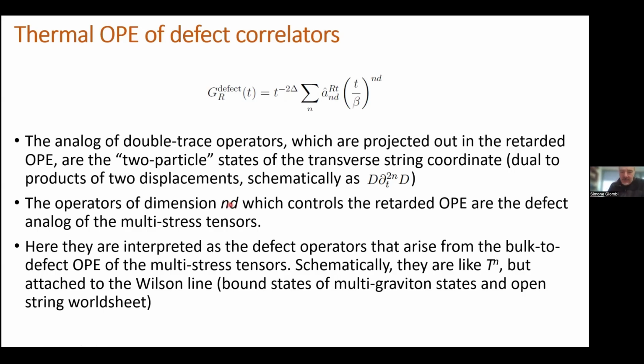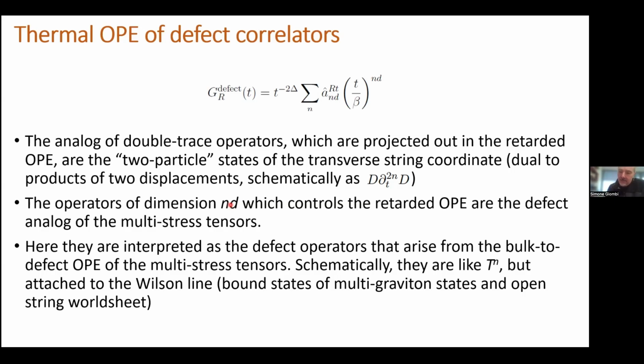What is their interpretation in this context? Well, our interpretation is that these are basically just the defect analog of multi-stress tensors. They're basically what you get if you take the bulk to defect OPE, which is a limit in which you take a bulk operator to the defect. If you take that kind of bulk to defect OPE of the multi-stress tensors, basically they are like multi-stress tensors, but attached to the Wilson line.